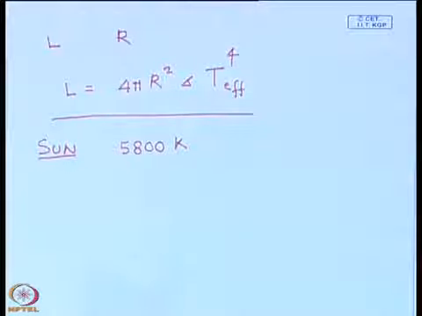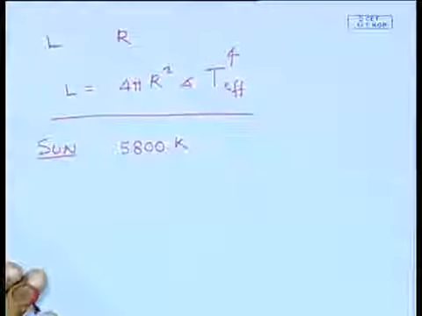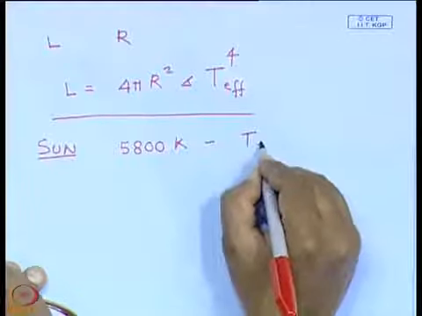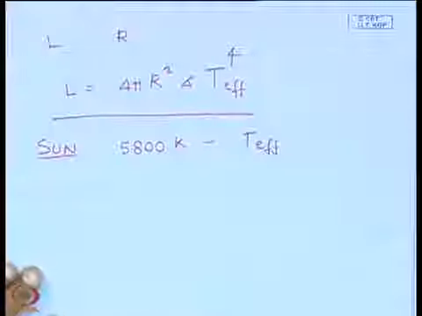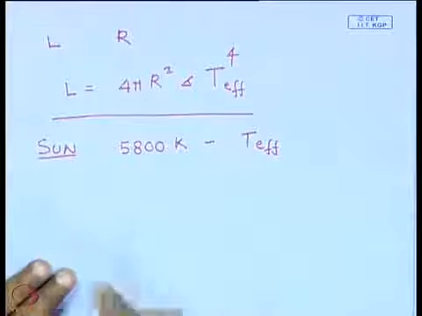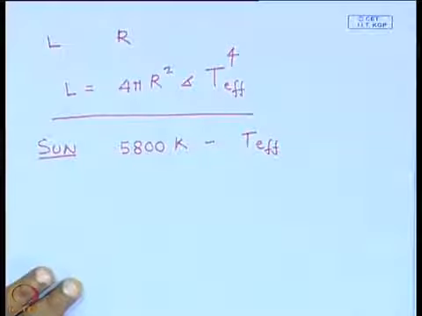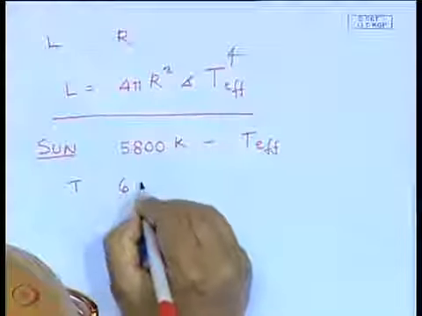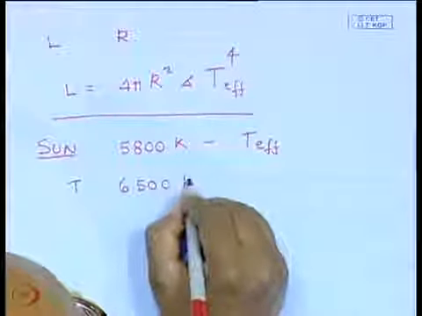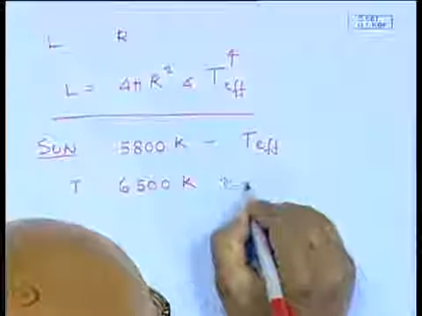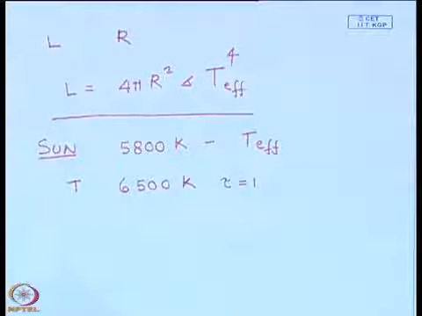Okay. Now, if you compare this with the actual temperature of the sun at the photosphere. For the sun, this is the effective temperature. We have done this exercise. Now, if you solve the stellar model which we have discussed, and determine the actual temperature at the photosphere, this comes out to be 6500 Kelvin. Photosphere, remember, is the region where the optical depth becomes 1. That is where the radiation originates from.